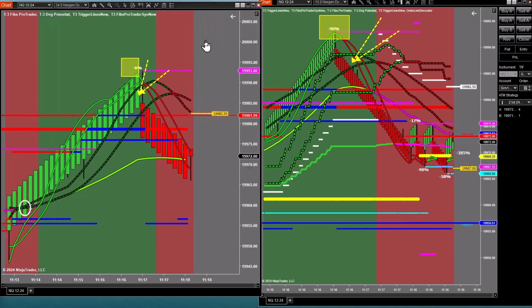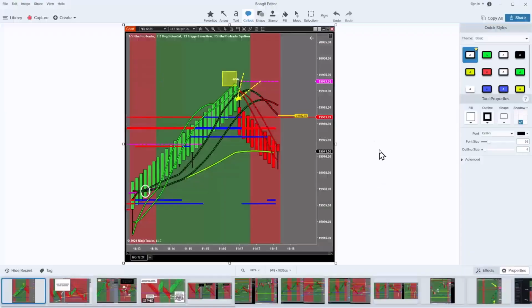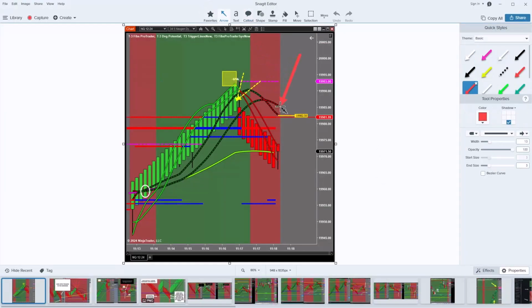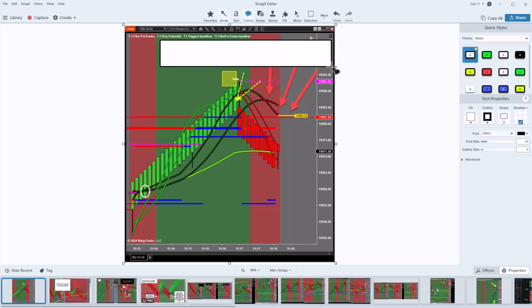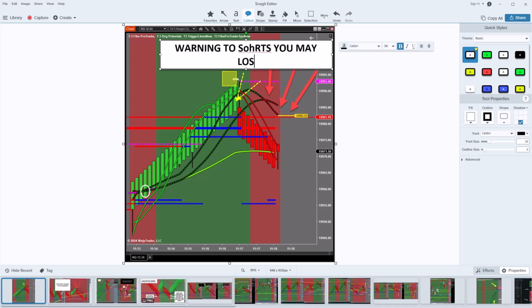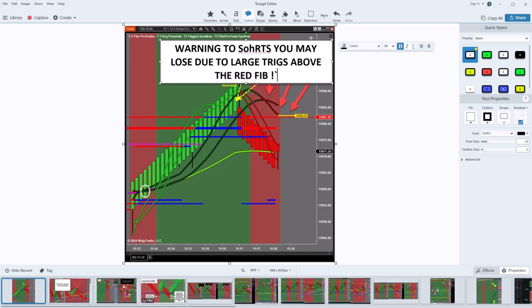Still 50-50. You guys understand the words when I say 50-50? Look, the large triggers are still above the resistance. This is like warning, warning, warning, warning. Warning to shorts. You may lose due to large triggers above the red fib.